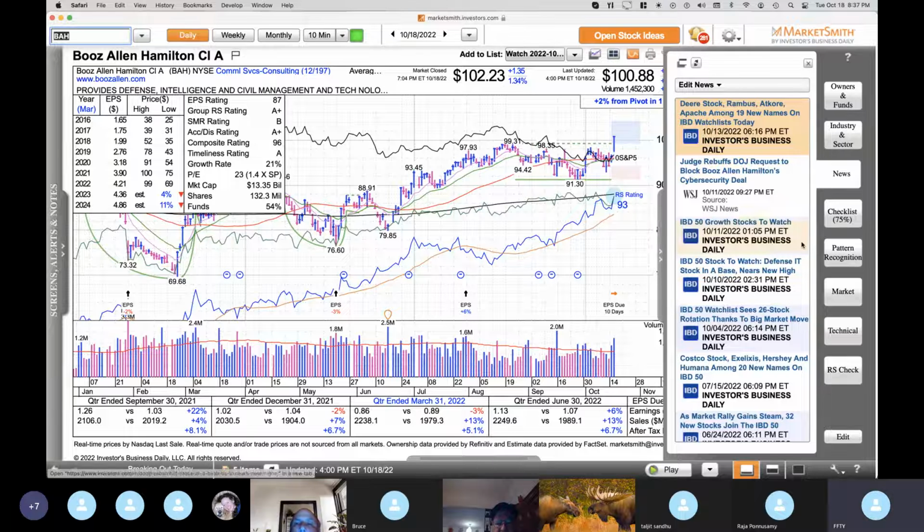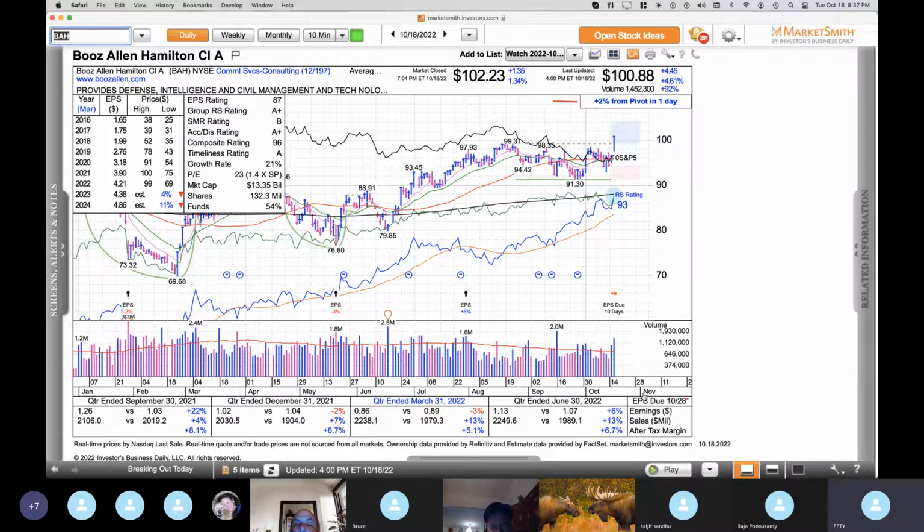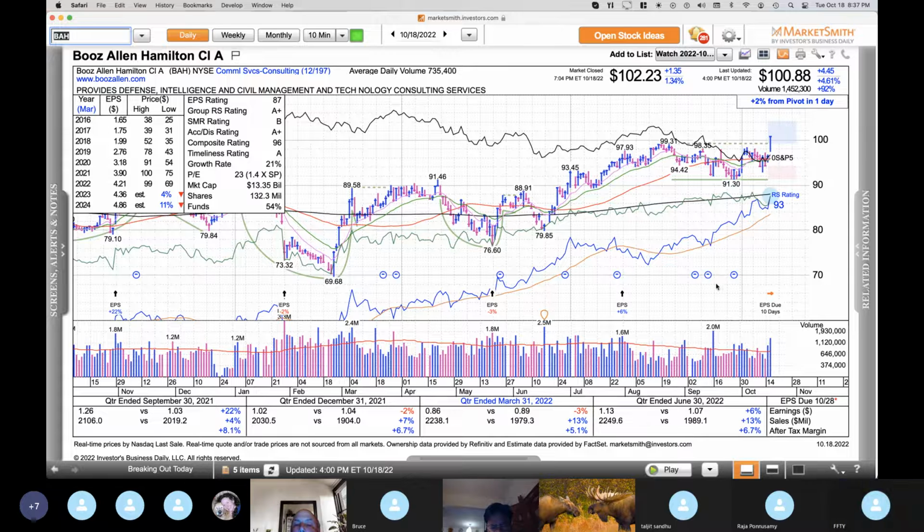Who knows? I don't see any specific news today, but yeah, 2% from the pivot. It doesn't have CAN SLIM numbers, but it has showing power. Okay, so that's one.